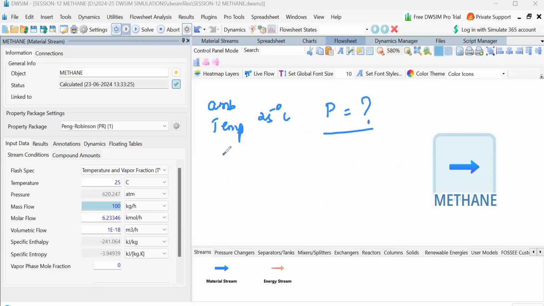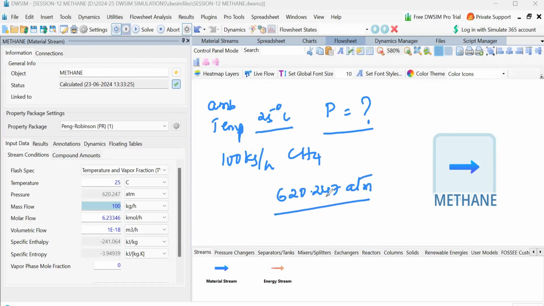We have fixed 100 kgs per hour and more, and compound is CH4. What is the maximum pressure up to which it is staying in the gas phase, beyond which pressure it is in liquid state? Now from the simulation we know it is 620.247 atmospheres at 25 degrees centigrade. This is the condition.